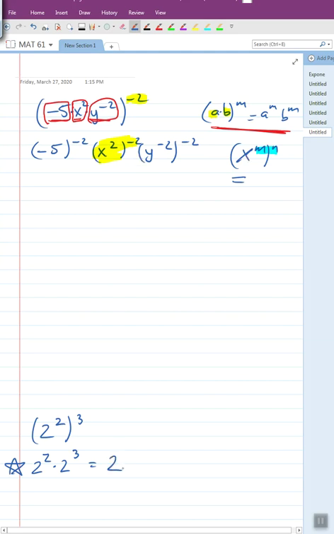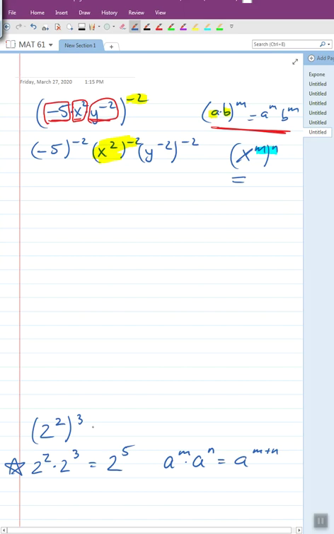How many 2's do you have there? If you take 2 squared times 2 cubed, that's definitely 5, right? Because that one says if you have something to a power and you have that same something to another power and you're multiplying them, you should add the exponents because you're just counting up how many of those you had in total.